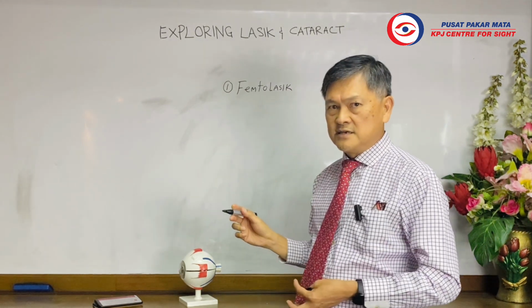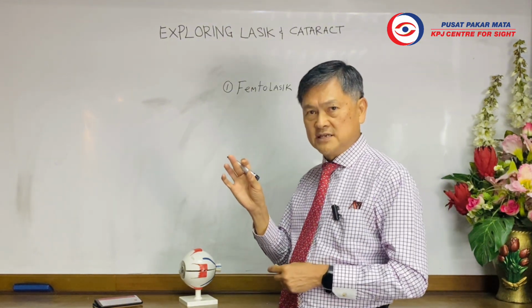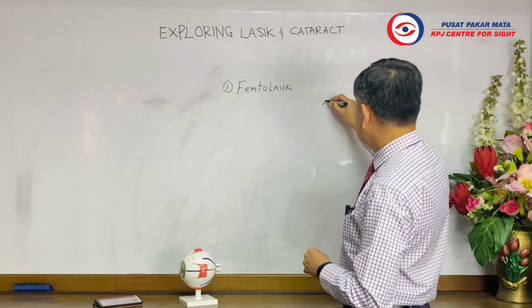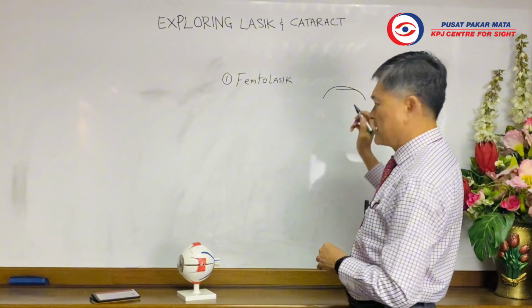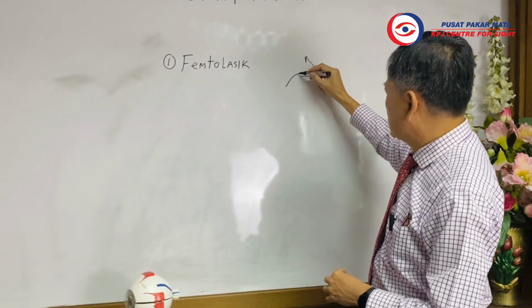Femto LASIK uses a laser, called a femto laser, to make a cut on the cornea. This is the cross section of the cornea. So it cuts the cornea and lifts it up like that.